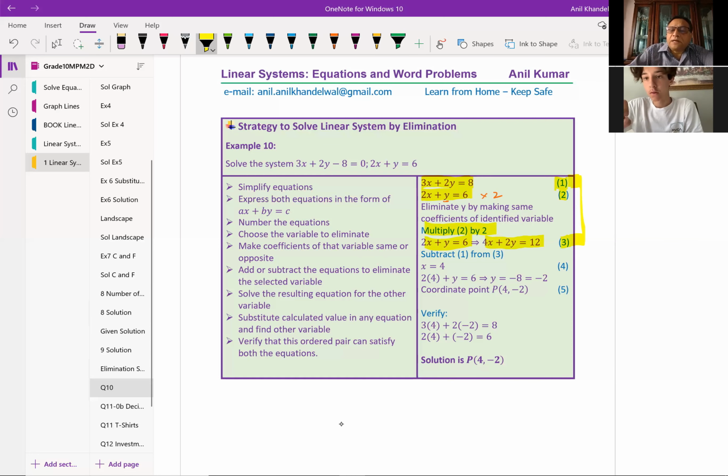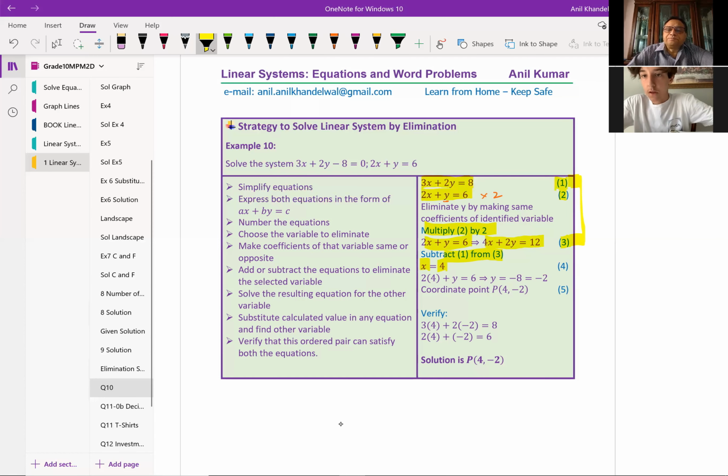So if I subtract 1 from 3, I can eliminate y. 2y cancels away. Perfect. Now you have 4x minus 3x, which is x. And on the right side, 12 minus 8, which is 4. And you get your value for x, which is x equals 4.